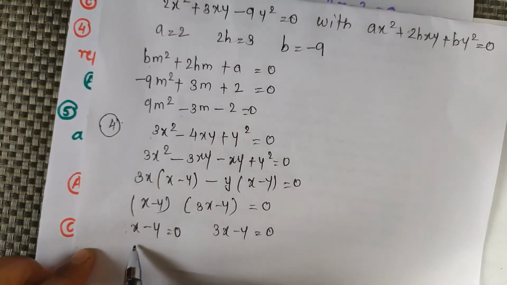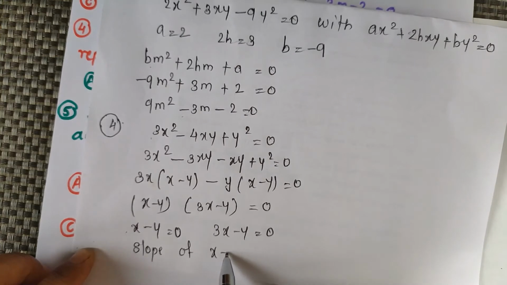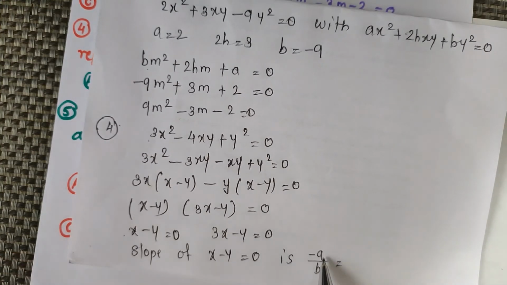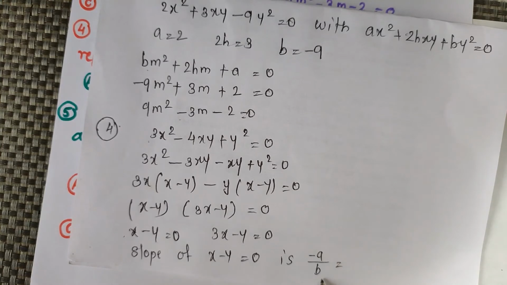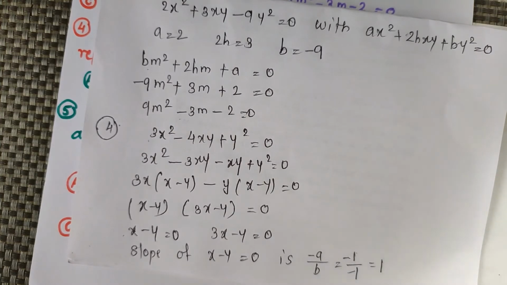So the slope of x minus y is equal to 0, using the formula minus a upon b, where a is the coefficient of x and b is the coefficient of y, is 1 upon minus 1, that is minus 1 upon minus 1, which is equal to 1.